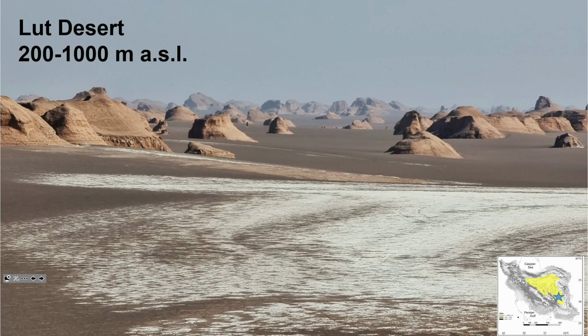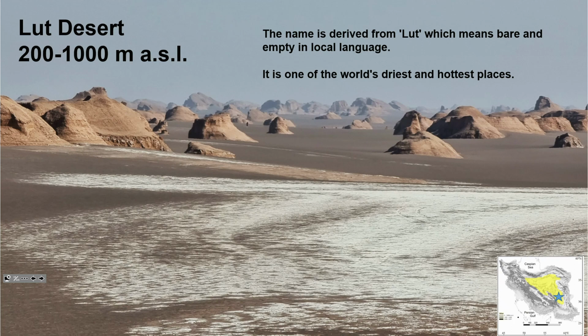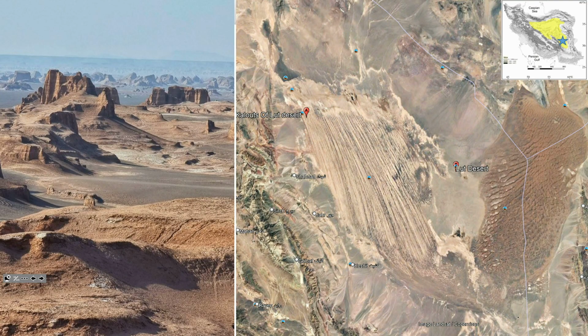Lut means bare, bare without anything, in the local language. You cannot easily find plants, and animals are also very rare here. And it is a huge region.